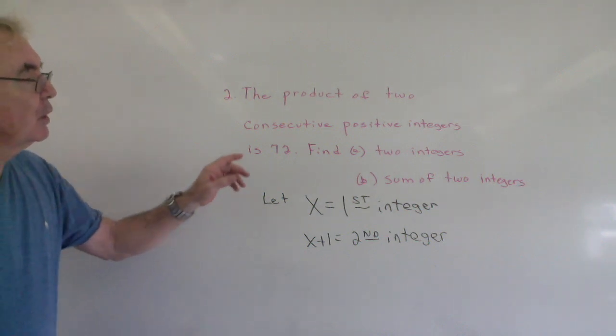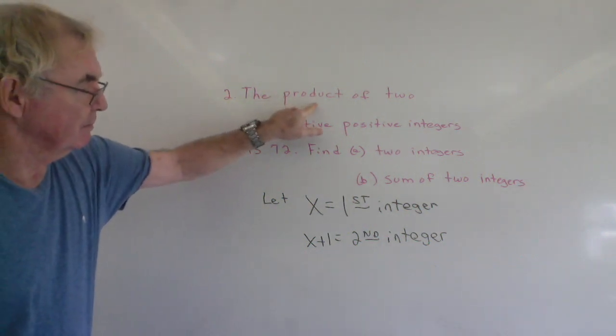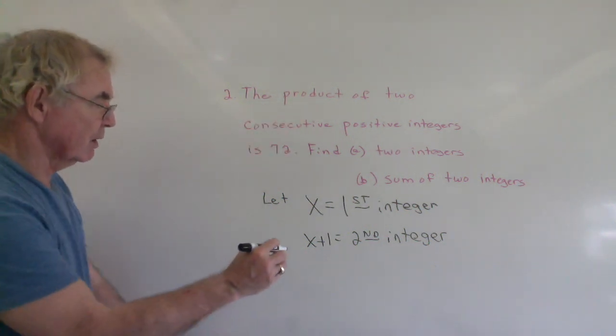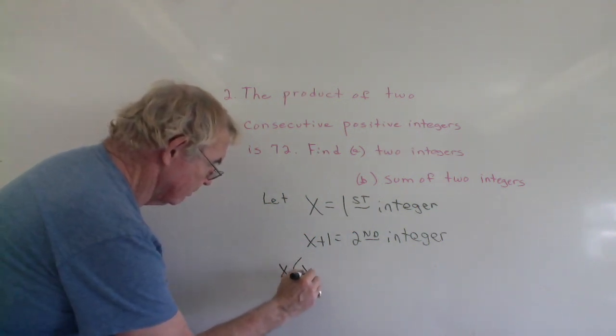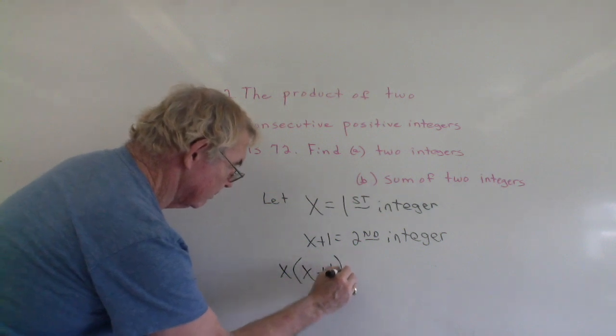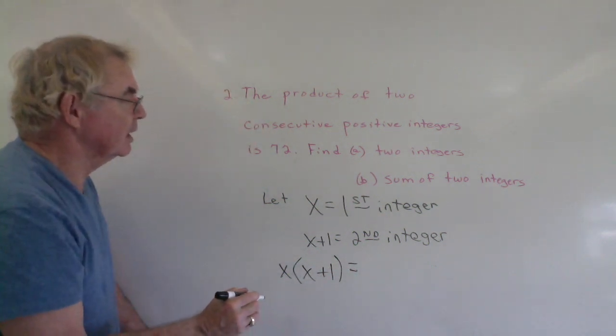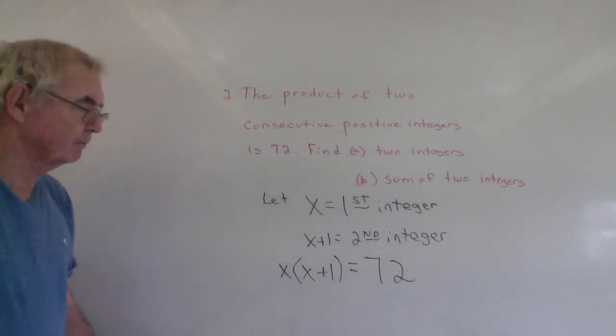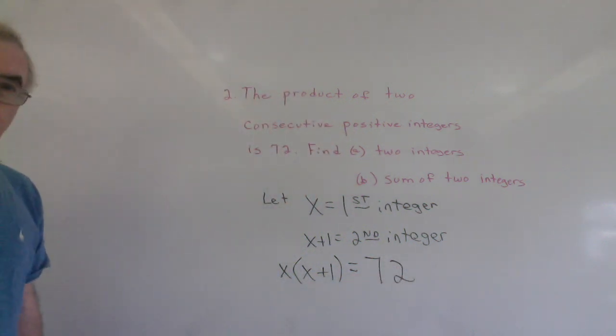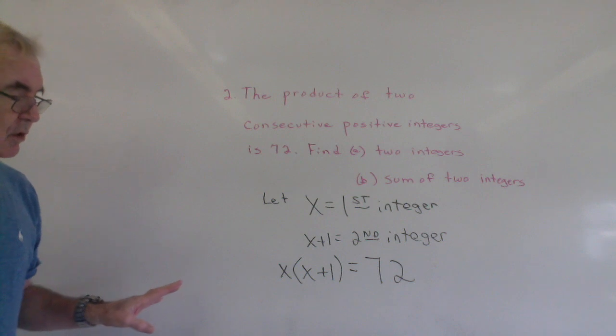Now, the word is product. So we're going to multiply the two, and we're going to set it equal to 72. Okay, now we're going to work on solving this.